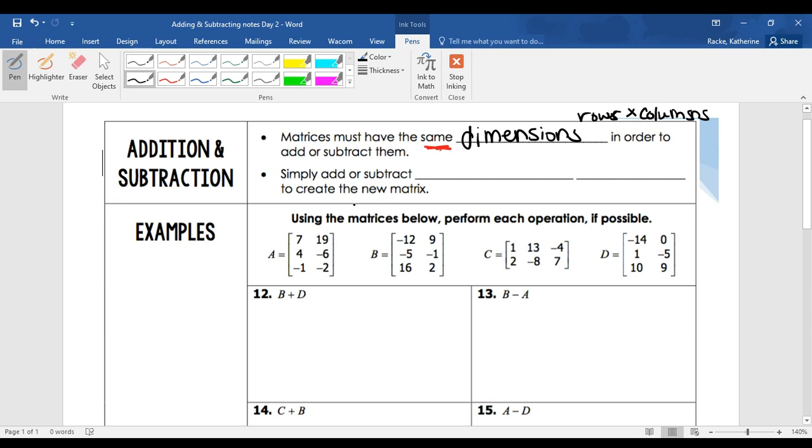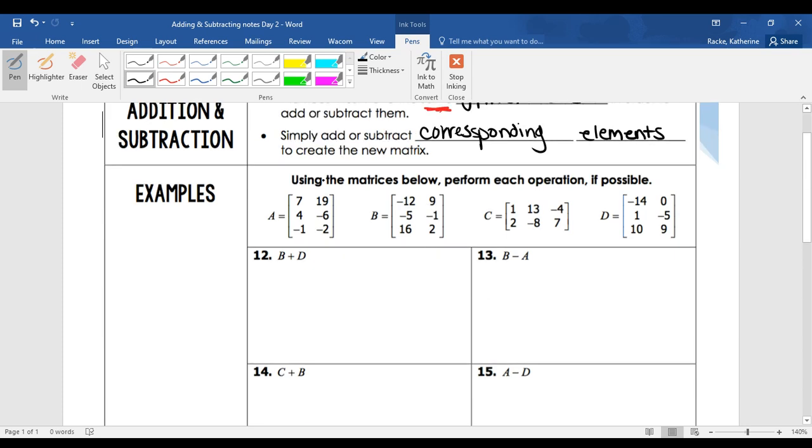Simply add and subtract corresponding elements, so in the same position on each matrix. You must be able to add and subtract these corresponding elements to create the new matrix that it's asking for.